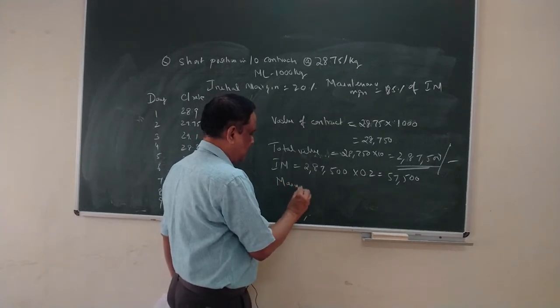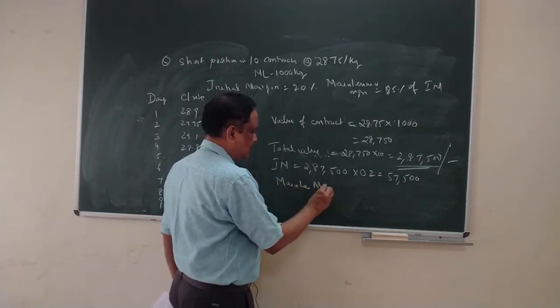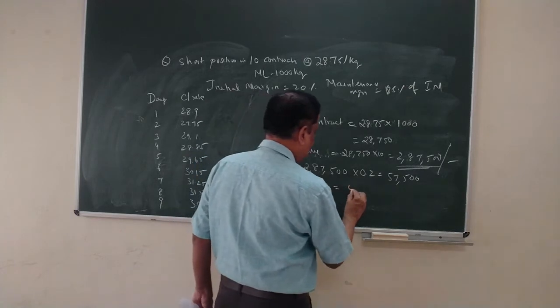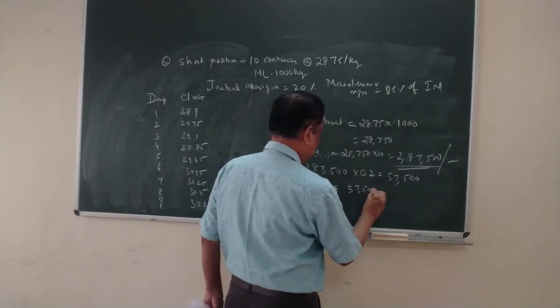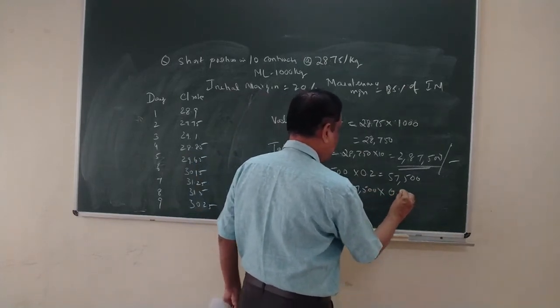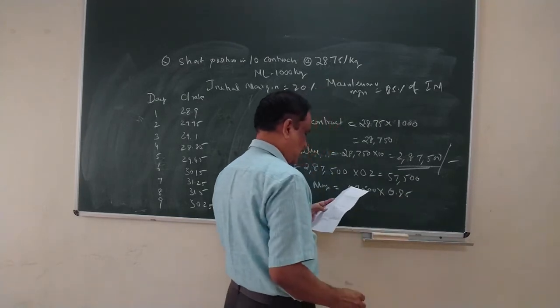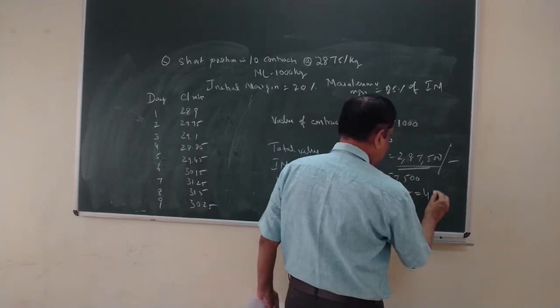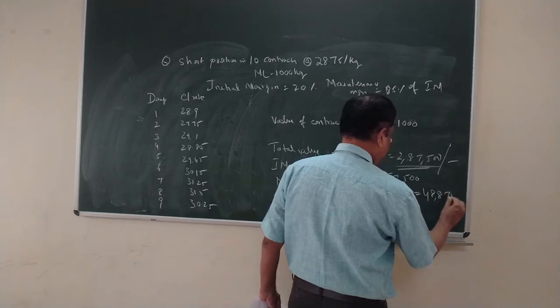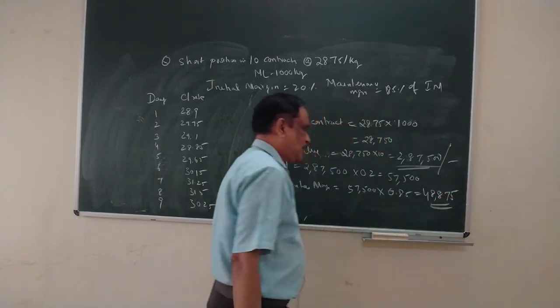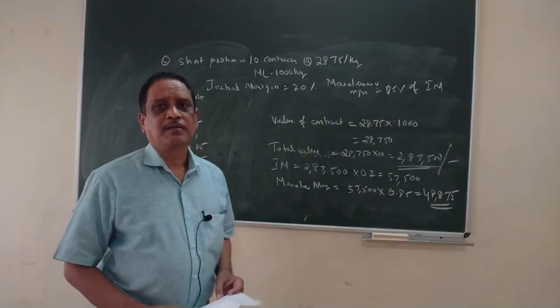You can calculate maintenance margin equals 57,500 into 0.85, 85% of this. This will be 48,875. 48,875 is the maintenance margin.